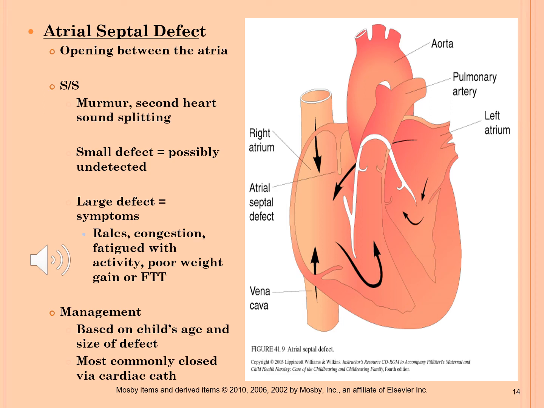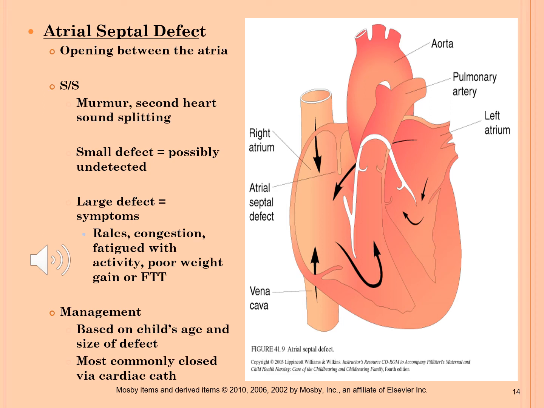And again, remember this is acyanotic, left to right shunting of blood, and it falls under that subcategory of increased pulmonary blood flow. So if we have increased pulmonary blood flow, we have pulmonary overcirculation, and your signs and symptoms will match that. We have rales, congestion, tiring with activity, poor weight gain, possibly even getting into failure to thrive.